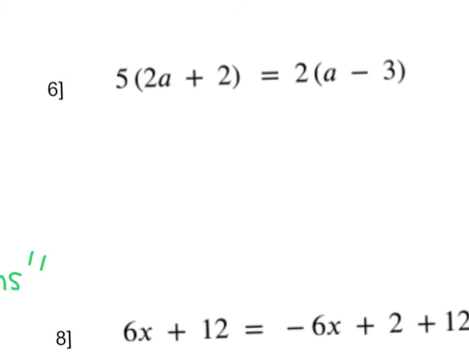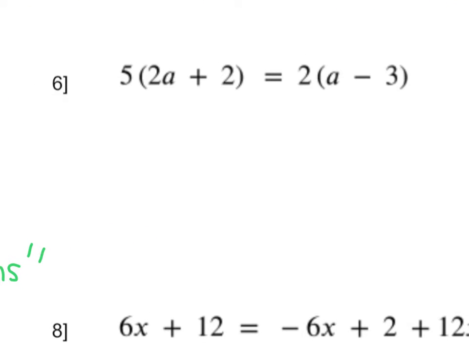Okay, we're going to have to do distributive property on both sides. So let's do 5 times 2a, which is 10a, and 5 times 2, which is 10. Okay, then on this side of the equation we have 2 times a, which is 2a, and 2 times -3, which is -6.